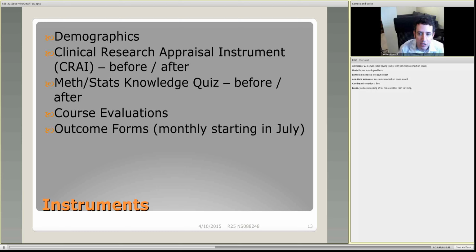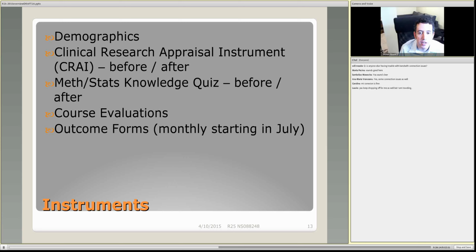We're not going to teach you how to do qualitative research, although that is one of the things on the CRAI because it's a general instrument about clinical research. Then, in addition, one of the other items will be a methodology, statistics, and clinical trials knowledge quiz. You'll get one version of this before the course and one version of this in the fall.